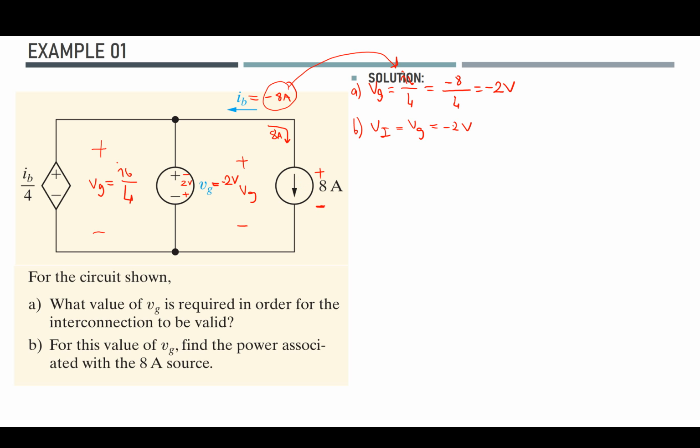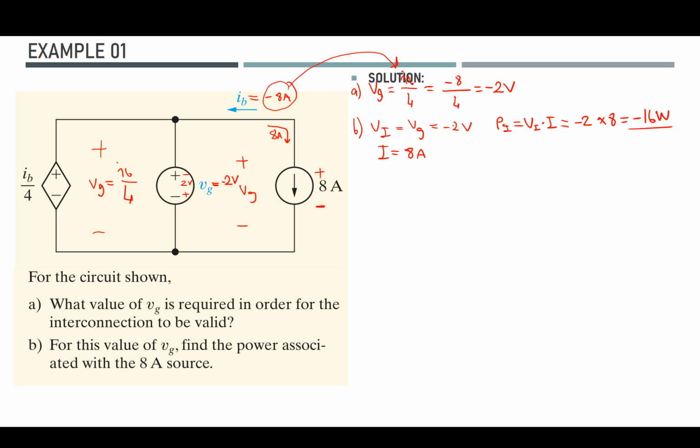So I can take the current value as 8 amps because it's in line with my selected direction. In this case, I can calculate the power of the independent current source as voltage across the current source times the current it provides, which means minus 2 times 8, and that would give me minus 16 watts.